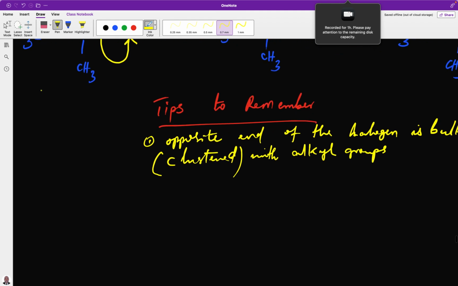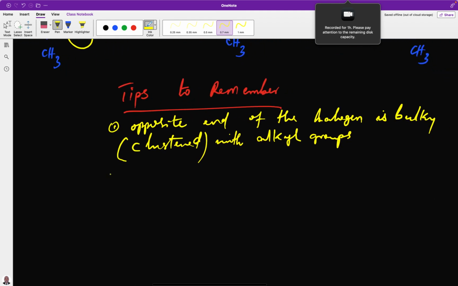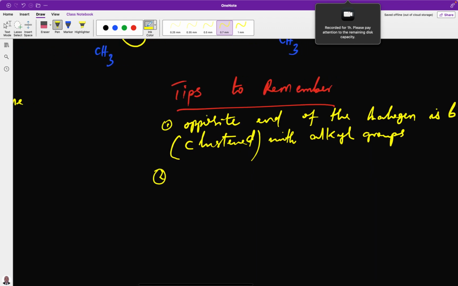Point number two. The inductive effect of the alkyl groups attached to the carbon holding the halogen helps to reduce the charge density and make the molecule more stable.